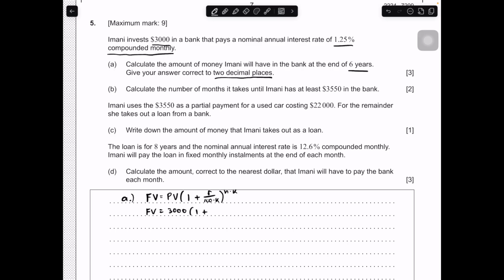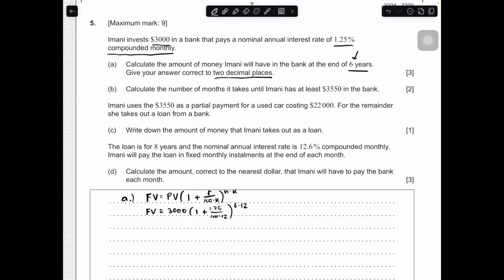The interest rate is 1.25%, and the number of times it is compounded is 12 times a year. Again, number of years is 6 years.